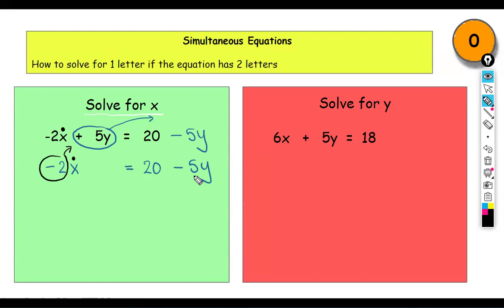Remember, when you throw across a multiply, because -2 is a secret multiply, you do get a divide, but the sign does not change. But who gets divided by the -2? Do we divide the positive 20 by the -2, or do we divide the -5y? Which one is the correct one to divide it by?